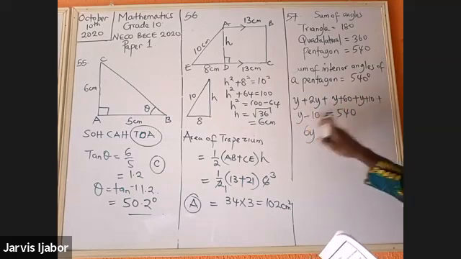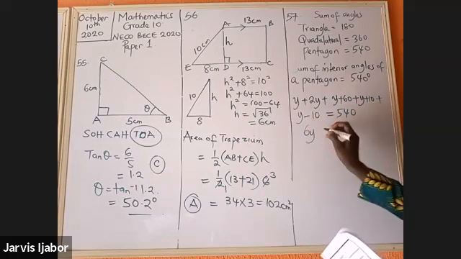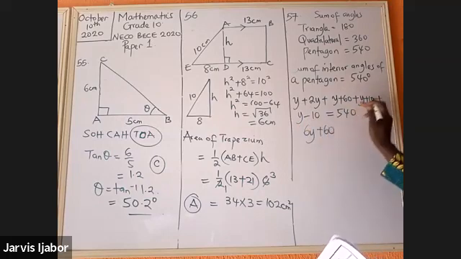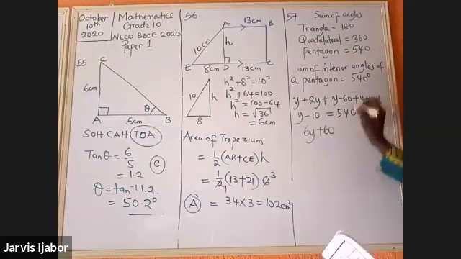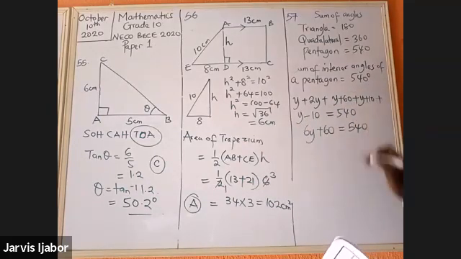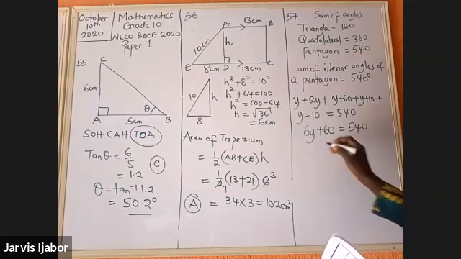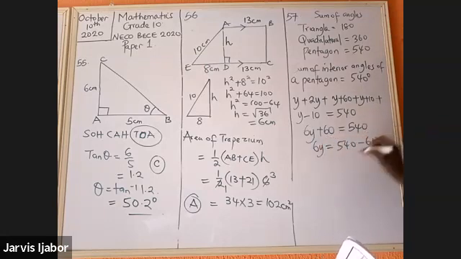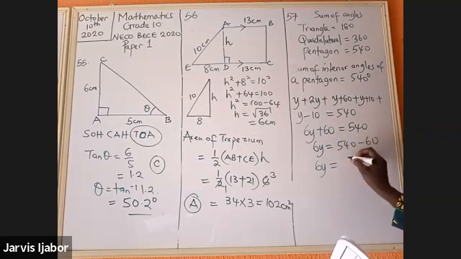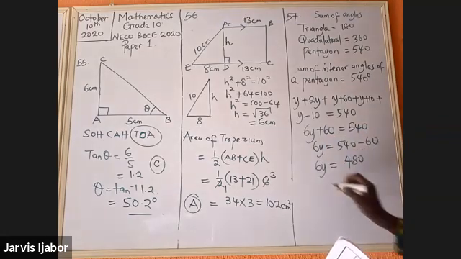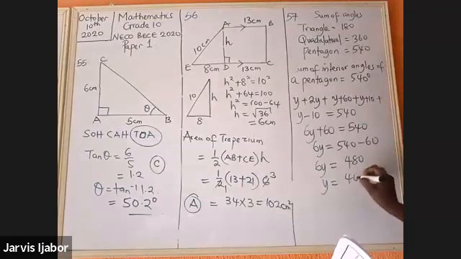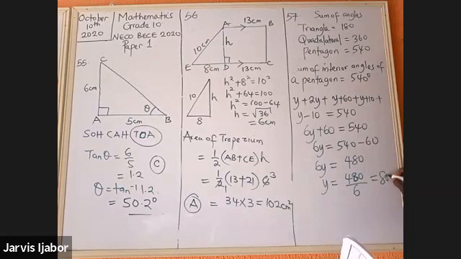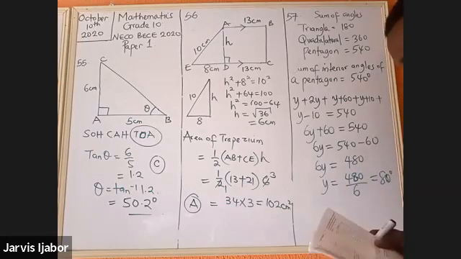The negative 10 will cancel out the 10, and that will be plus 60 equal to 540. So the implication is that 6y will be equal to 540 minus 60, so 6y will be 480. So y will be equal to 480 divided by 6, and that will be 80 degrees.